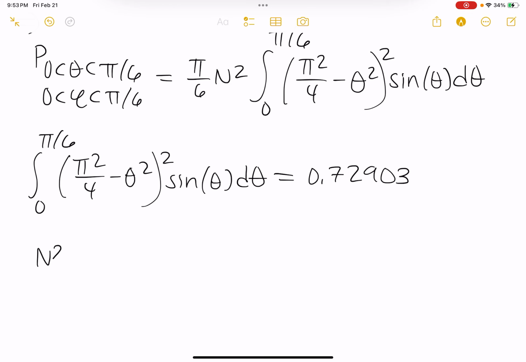And when you square the normalization constant, you get 0.0704. So we have all the information we need now to calculate the probability.